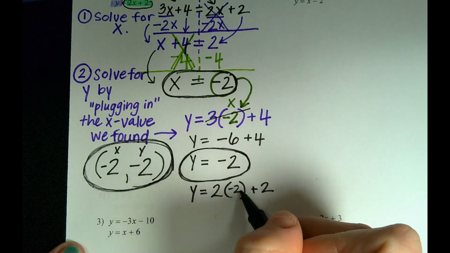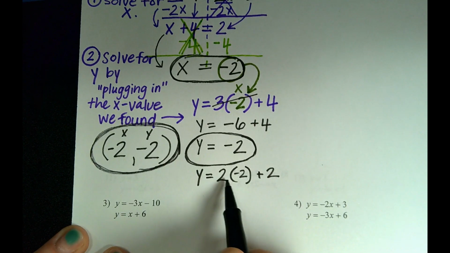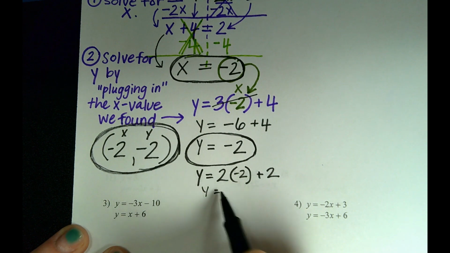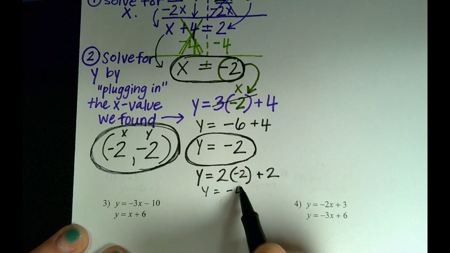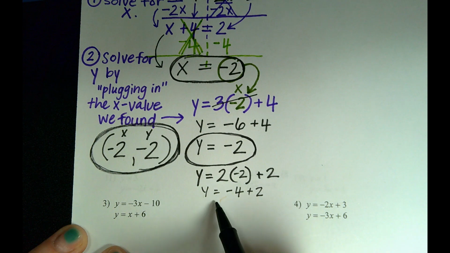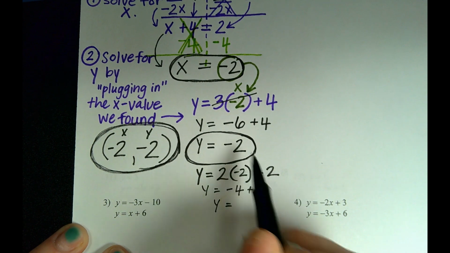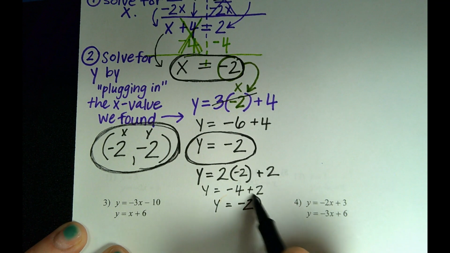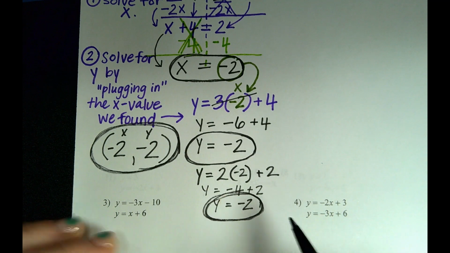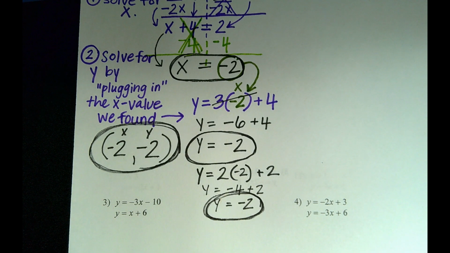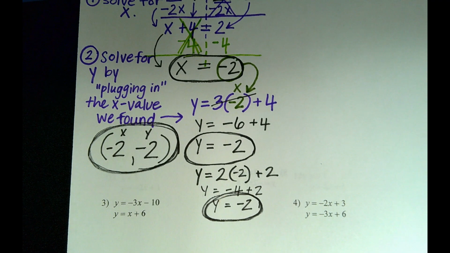If I plug in my -2, I will get y equals 2 times -2 is -4 plus 2. And -4 plus 2 is also -2. So you'll get the same answer no matter which one you use. Awesome.